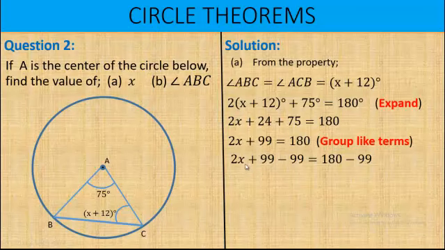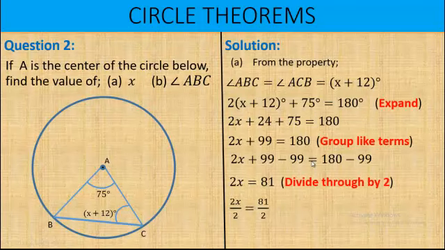So we have 2s plus 99 minus 99 equal to 180 minus 99, so that we have 2s, 99 minus 99 would be 0, 180 minus 99 would give us 81. Then we divide through by 2 because we need the value of s, not the value of 2s.